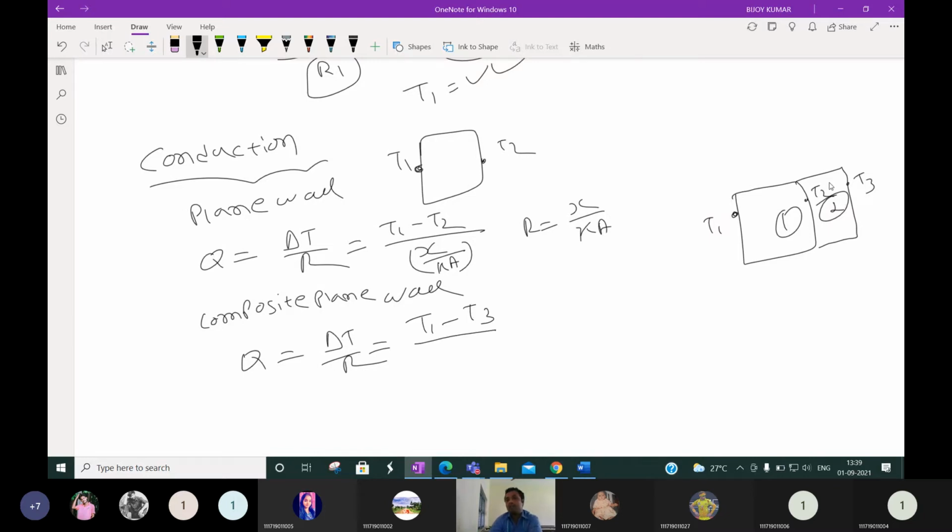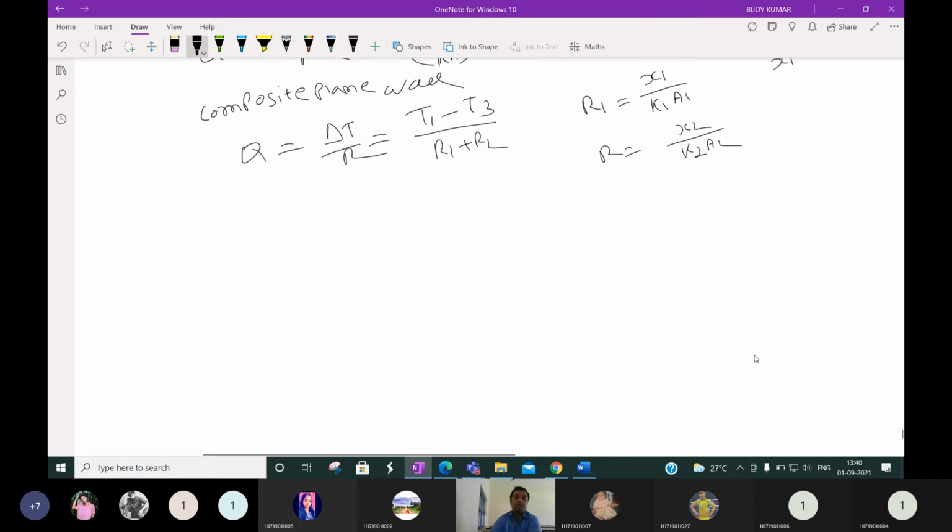R is the overall resistance of the two walls, connected in series, so R1 plus R2. R1 is X1 by K1 A1, where X1 and X2 are the thicknesses and K1 and K2 are the thermal conductivities of the first and second walls. R2 is X2 by K2 A2.